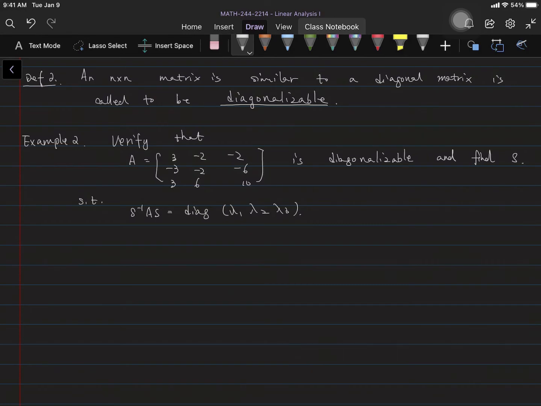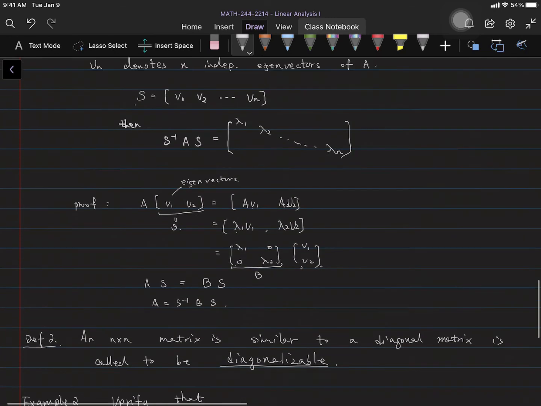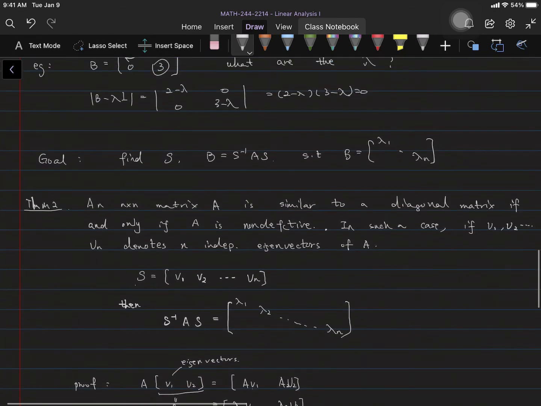Verify the given 3 by 3 matrix is diagonalizable, and we also want to find S such that S inverse A S is a diagonal matrix with all the eigenvalues in the diagonal positions. Firstly, we want to verify it's diagonalizable. That means what? Let's take a look at theorem 2.